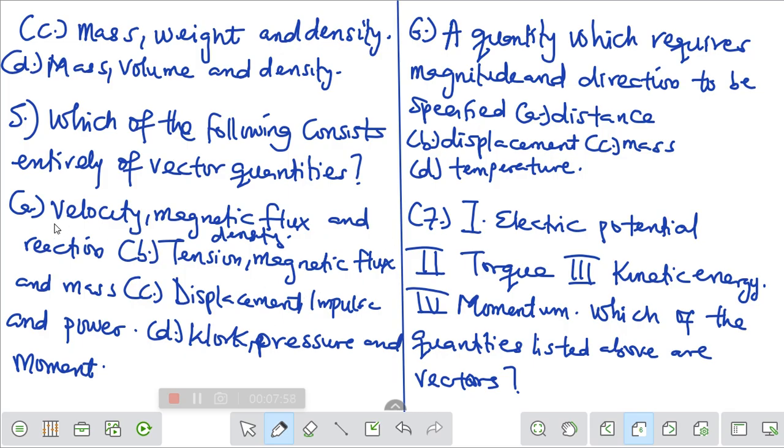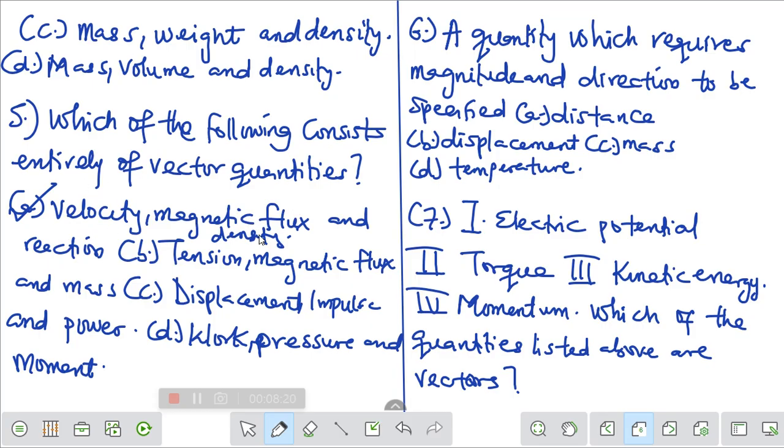Mass has been eliminated. Displacement, impulse, power is a scalar. Option D, work, pressure and moment. Work has been eliminated, and pressure. So our answer is what? Option A. It was velocity, magnetic flux density and reaction. Look at the diagram again. So you will notice that reaction is a vector quantity.